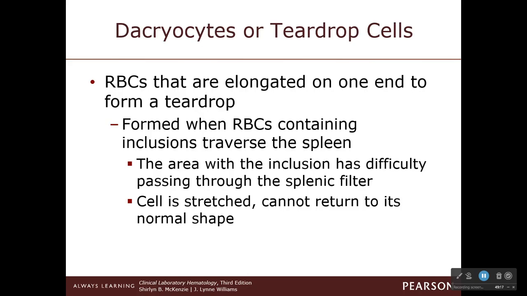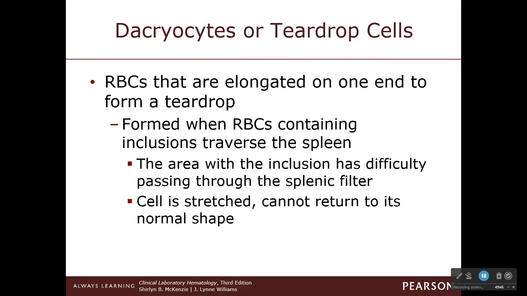Okay? All right? Dacryocytes, or dacrocytes, however you want to say it. It's actually, I think, pronounced dacryocyte. These are known as teardrop cells. Okay? These are formed sometimes because of the same thing, like as you're passing through the spleen, the macrophage tries to jerk something out of it, and it stretches out the cell, and it can't return because maybe it's older, and so it's stretched and can't return its shape.